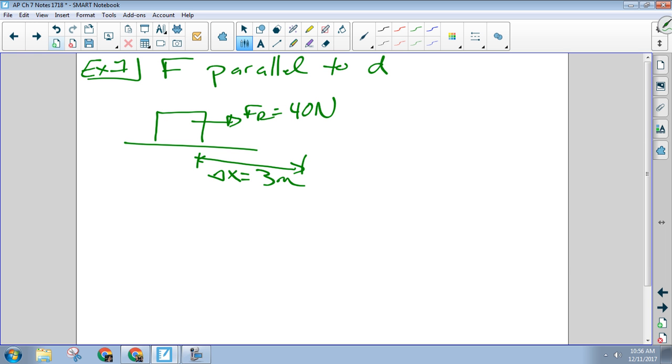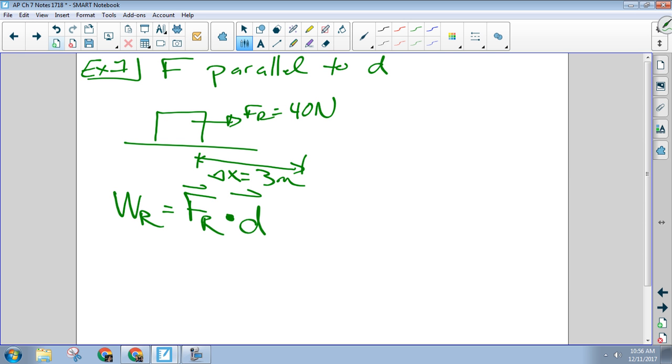So the question would be, how much work did Roy do? To calculate the work done by Roy, we're going to take the force that Roy exerted, dot product with the displacement that causes.